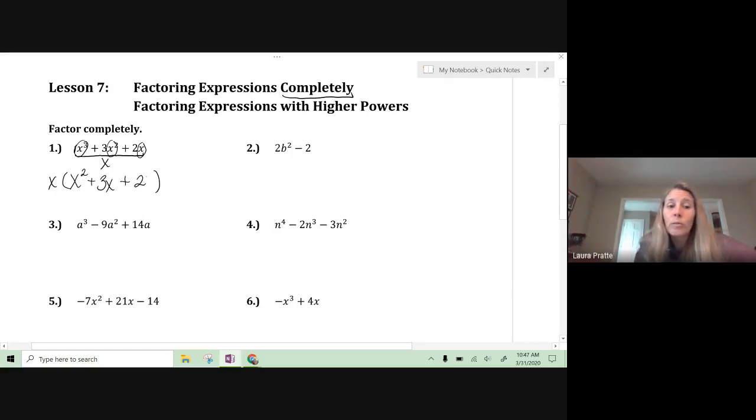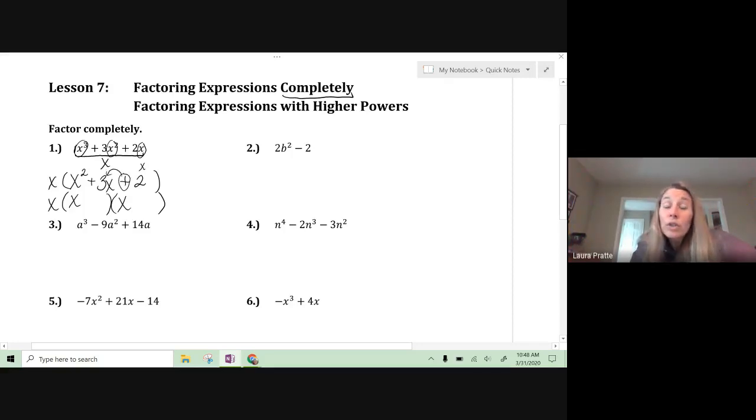Now this trinomial that we ended up with here might look a little familiar to what we had been working on the last 2 days. When you have a quadratic trinomial with just an x squared in the front, you can split that x up into each of those 2 smaller parentheses, and then you're looking for the factors of 2, or the 2 numbers that multiply to get 2, that add up to get this 3 in the middle.